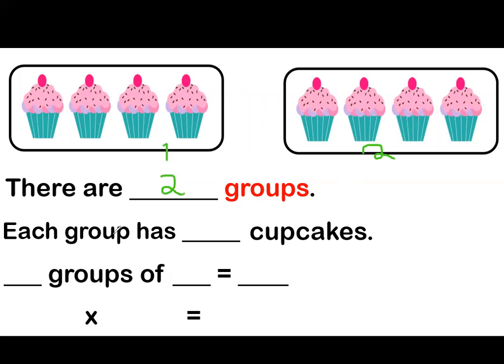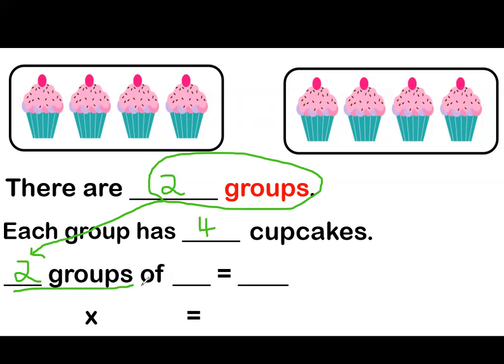Aimee, each group has how many cupcakes? Very good. Each group has 4 cupcakes. How many groups, Aimee? 2 groups of?